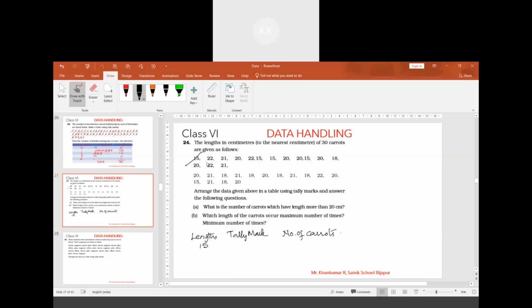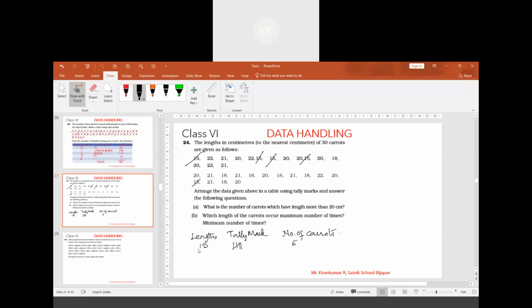So let me mention 15. One is there. Here one more is there. One more is there. 3. Here 4. Only 4 are there. No, one more is there. 5.